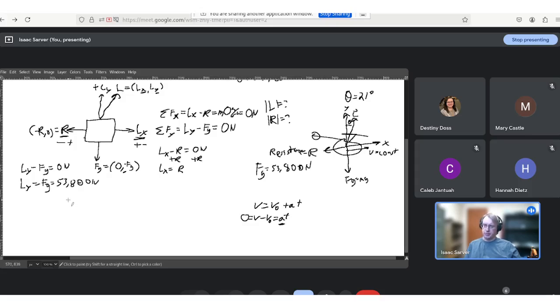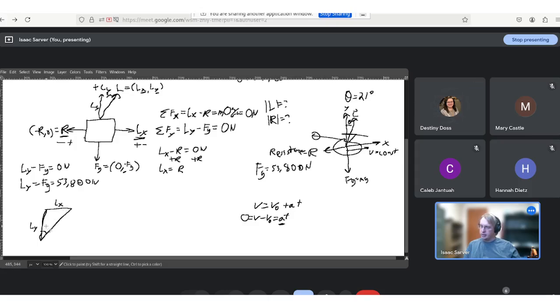Okay, that's getting closer to what we need, but we still don't know what L is. However, I have a triangle, right? I have an Ly here and an Lx here, so I'm going to draw that triangle again. Ly goes there, Lx goes here.